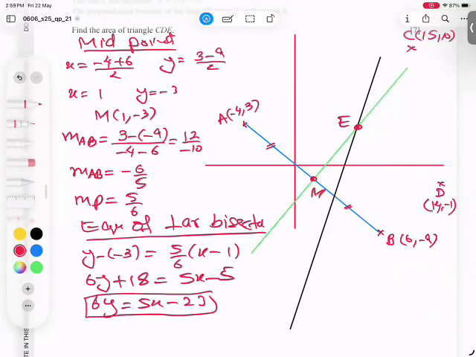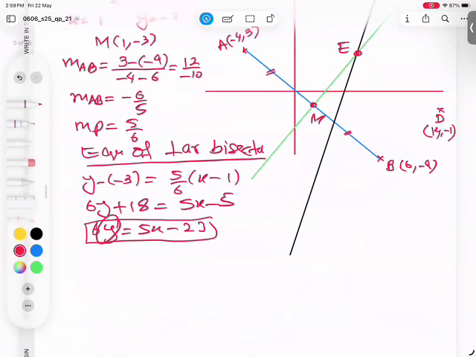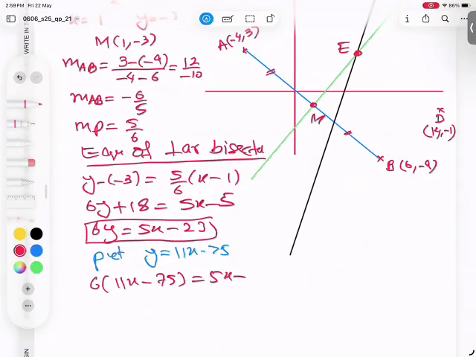This is a line, and this is where they intersect, this is the letter E. And how come? Because he mentioned that AB and L meet at this point. So 11x minus 75 is the y value. I'm going to replace it here. I'm putting y as 11x minus 75. So I'm replacing here: 6 times 11x minus 75 equals 5x minus 23.